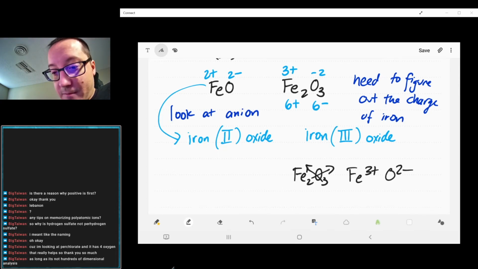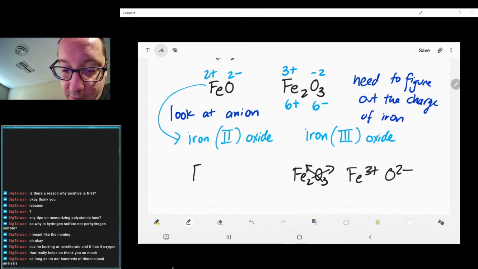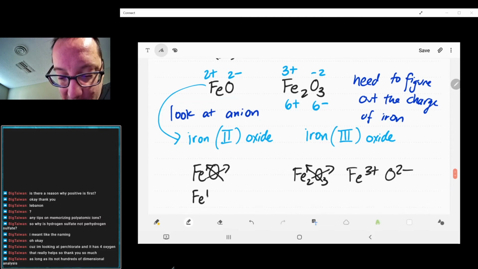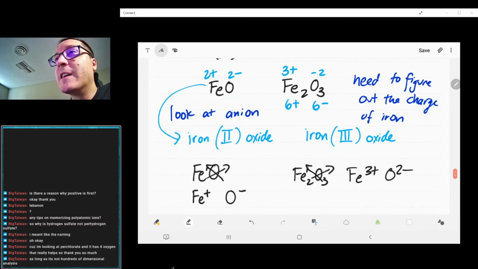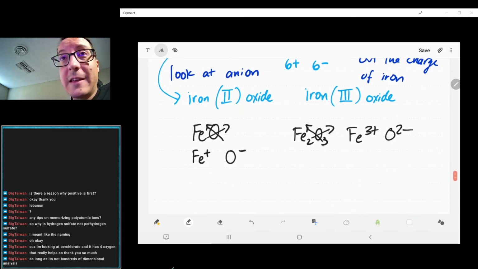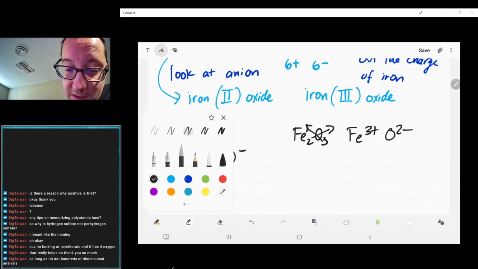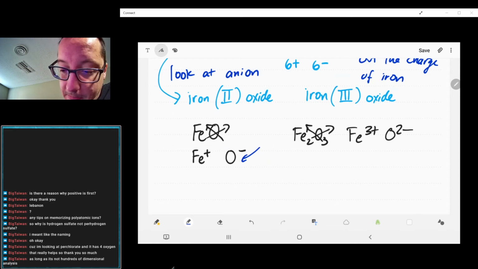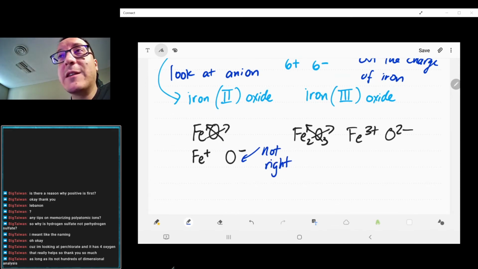But be careful. If you reverse crisscross this one, you get Fe plus and O minus. This is the tricky part about using the crisscross. This is where you have to be careful. We know that oxygen always is minus 2.